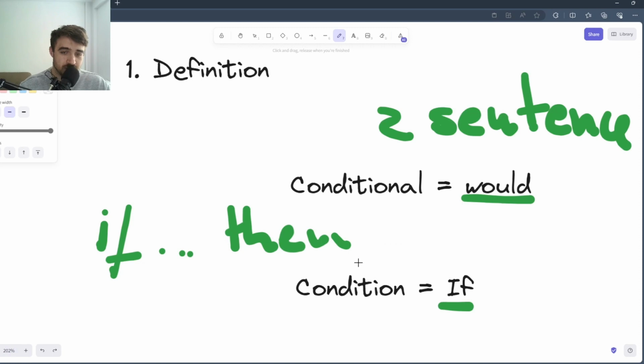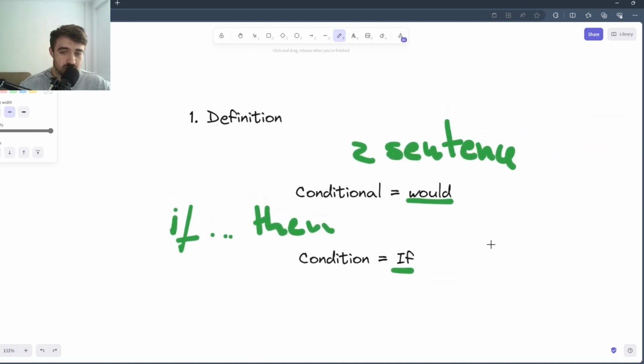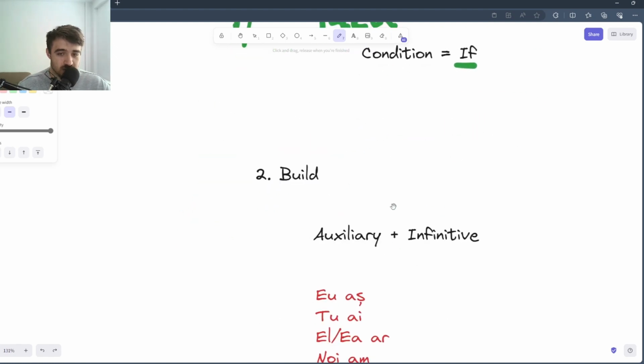Yeah, so this is usually a conditional, but in Romanian there are other use cases that in English they don't translate exactly to a conditional, and we will mention them in the use cases part just in a bit. So now that we know what this conditional is, let's see how you create it in Romanian, the build, so to speak.